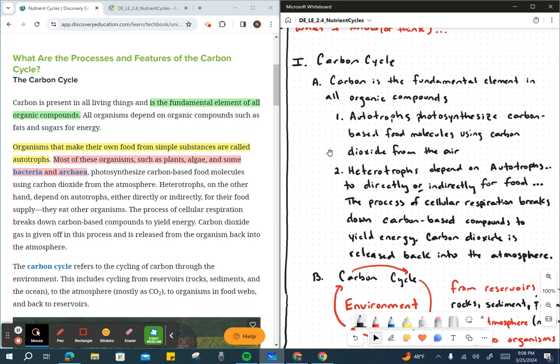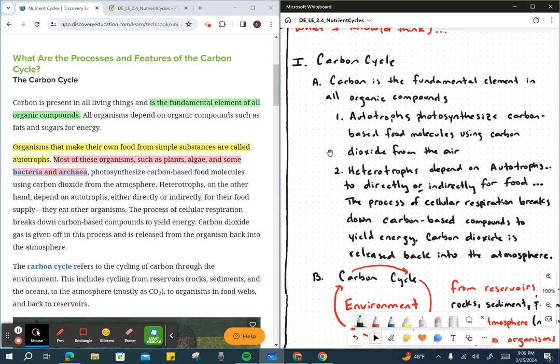Carbon is the fundamental element in organic compounds, which usually refers to living things. It's very important. So, in a nutshell, how does this stuff move around? Well, you have autotrophs. They are things like plants, archaea, and bacteria.